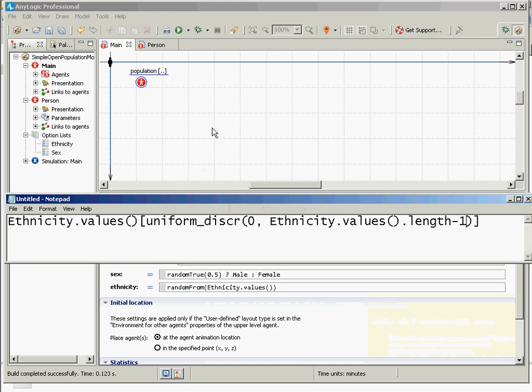AnyLogic only introduced option lists within this version of AnyLogic, and so I'm guessing they rolled that out too. I haven't been aware. So that's nice. And so in this case, ethnicity is that option list. It's a class. It's an object.